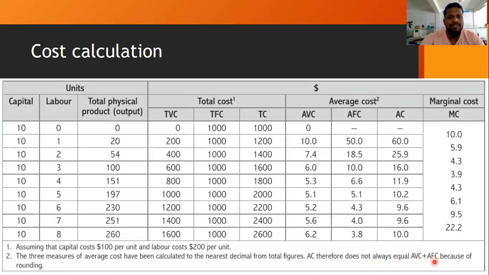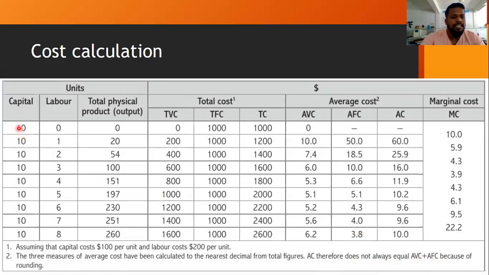In previous slides we said how to calculate average cost: average fixed cost plus average variable cost, or otherwise total cost divided by number of units. But here, because of this round off, it will be more or less equal, not exactly. Okay, so we can check it.